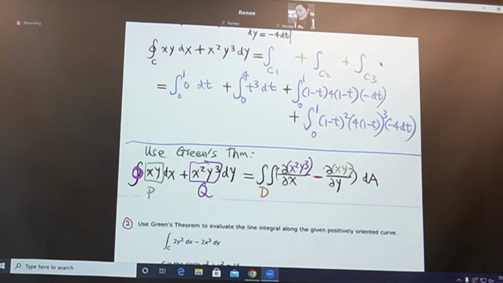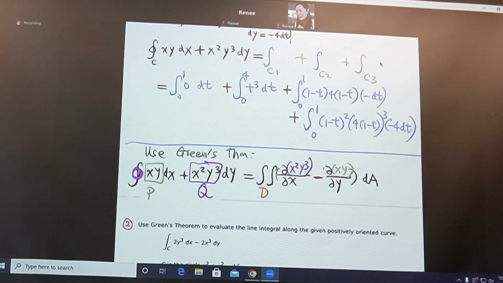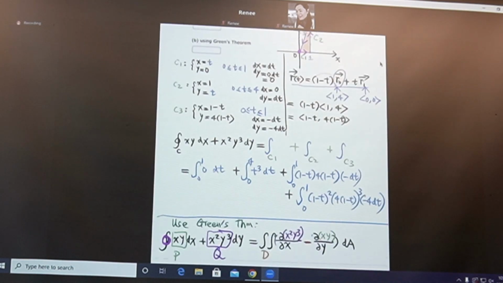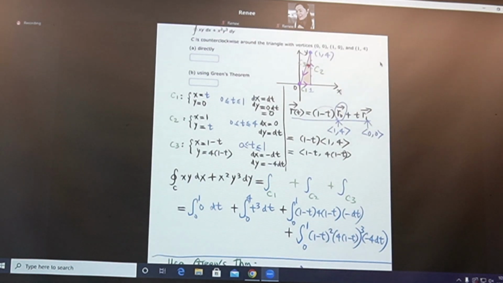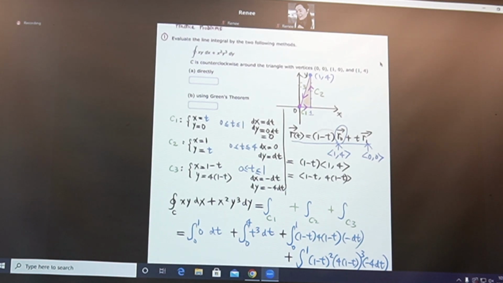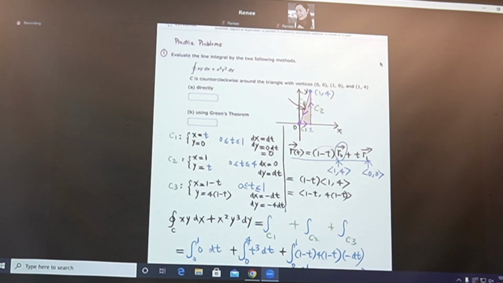And that region, notice the region that we have over here. You can consider this as a type 1 or type 2 region. Which one you like? You want it to be type 1. So if it's type 1, you will find the upper one, the y over here above. y is equal to what?